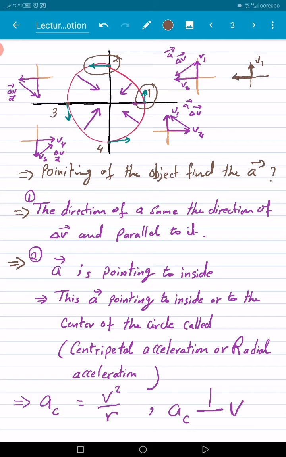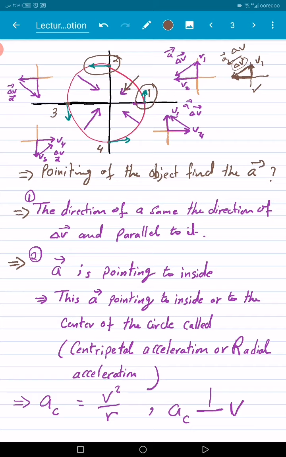So where is the resultant vector, that means delta V? Delta V is the closed vector, head to head. The resultant vector head is at the final, and the final is V2. So that is delta V. Where is the acceleration? It is in the same direction as the change of velocity, parallel. So that is for number 1. Where is the acceleration? It is here.